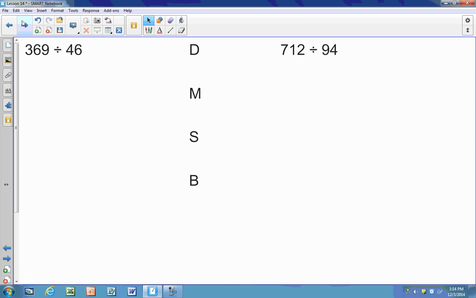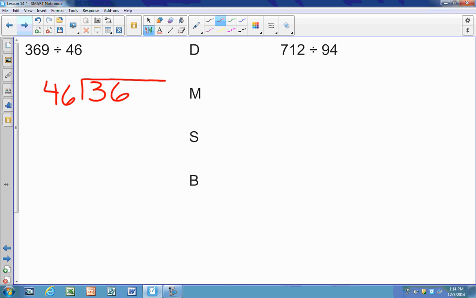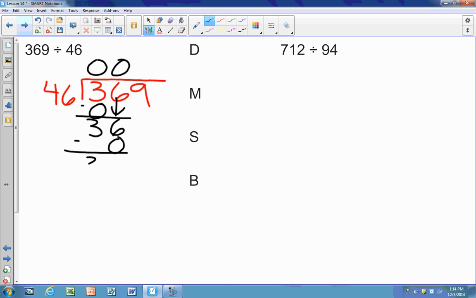The last 2 problems that we're going to do, we have 46 going into 369. We're going to use the other method. So we know it goes in 0 times. 46 cannot go into 36, so it goes in 0 times. And now 46 into 369.